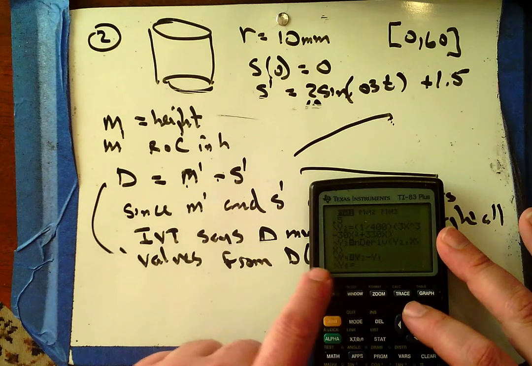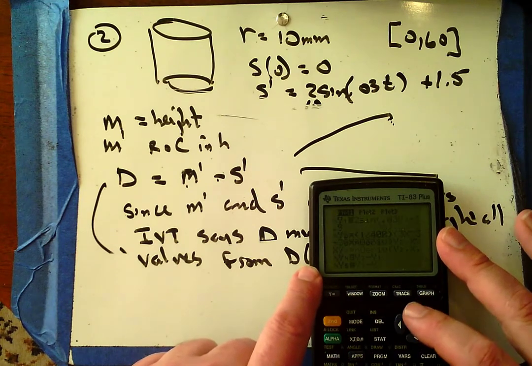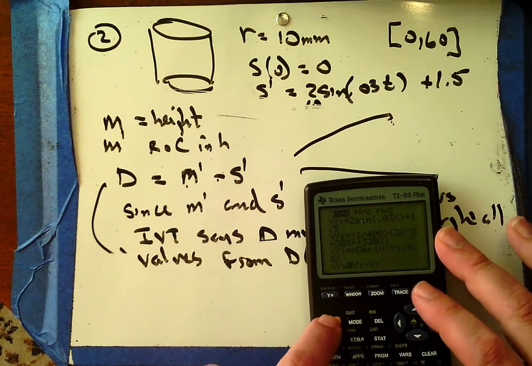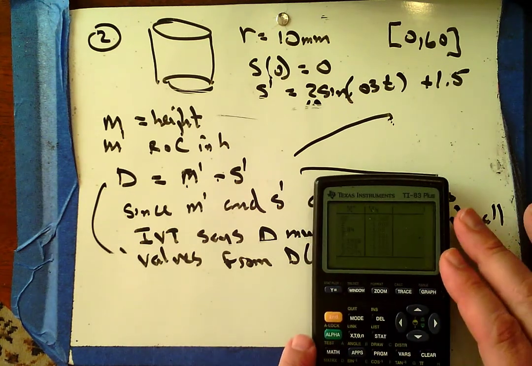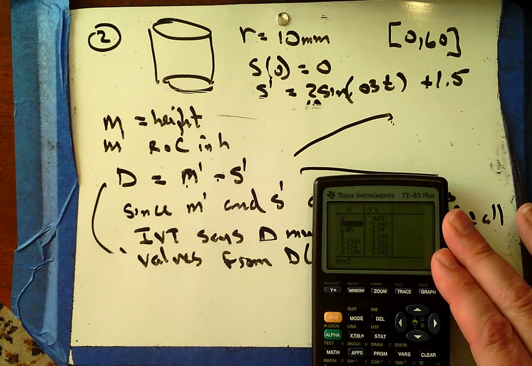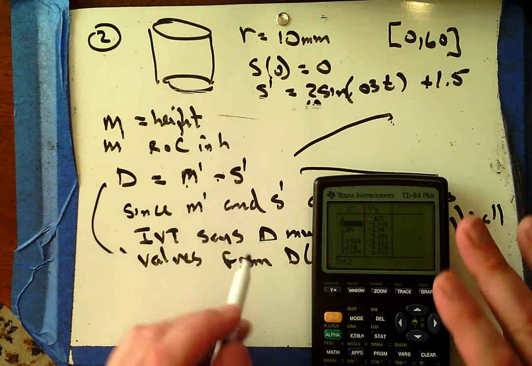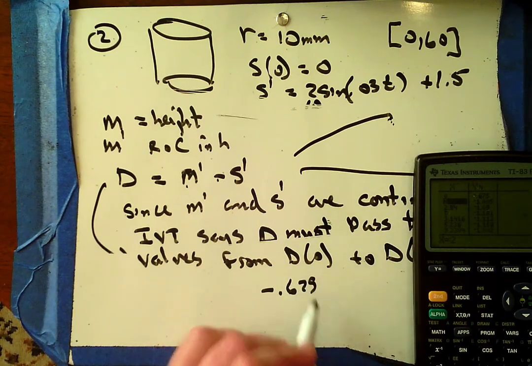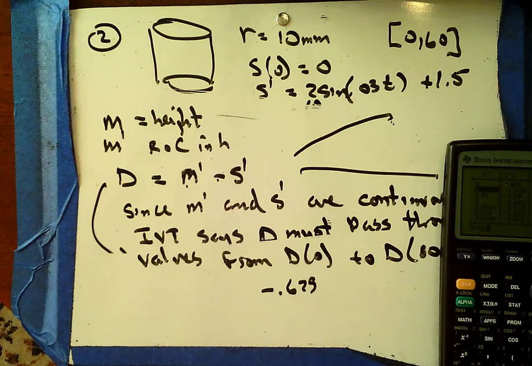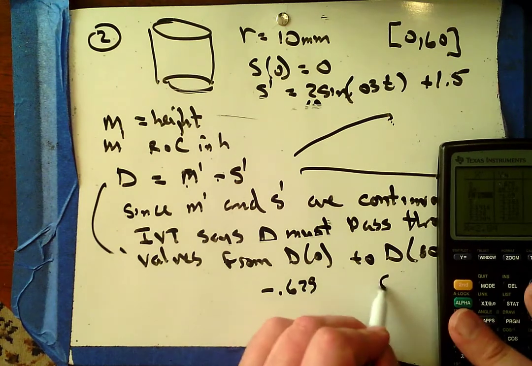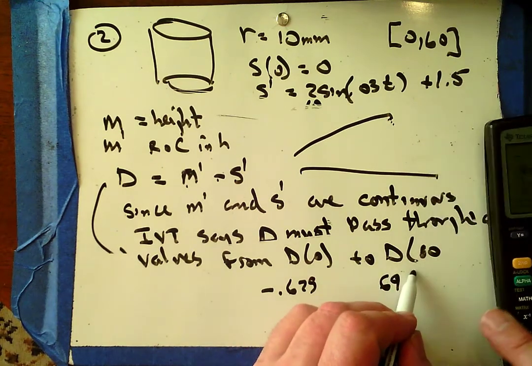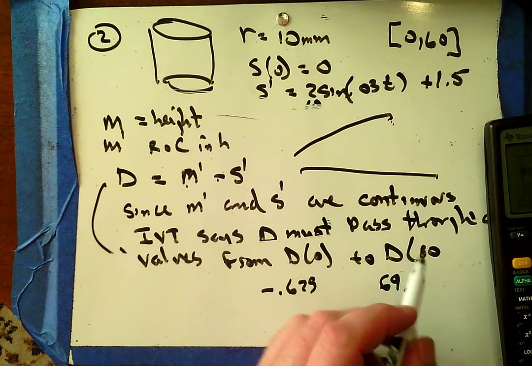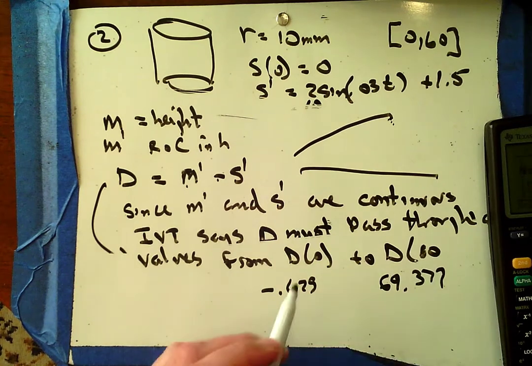And I'm doing this because now when I go over to my table, I can plug in a 0 and get negative 0.675. And I can plug in a 60 and get 69.3377. I really need to invest in a new color screen.